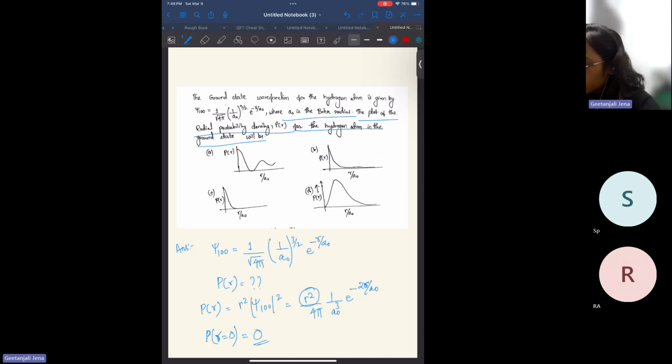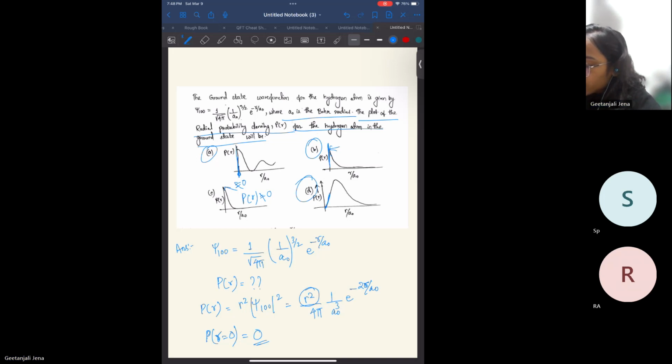In the options, for A, the radial probability density at the origin is not 0. For this one also, it has some value, and for this one also, P(r) is not 0. Only for D is the radial probability density 0 at the origin.